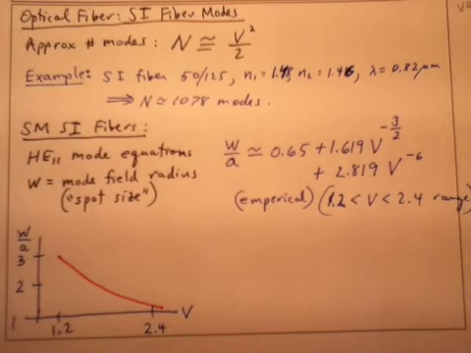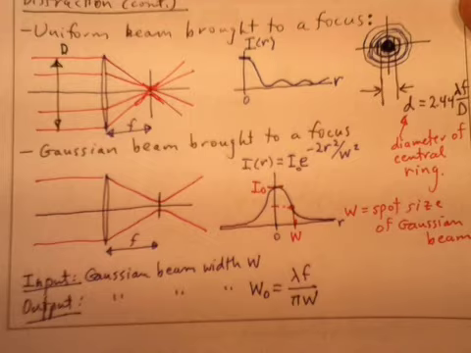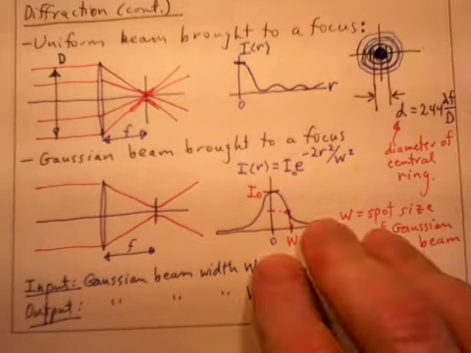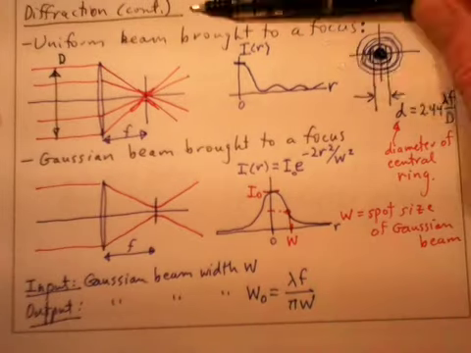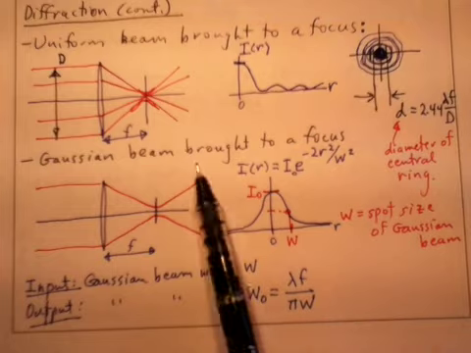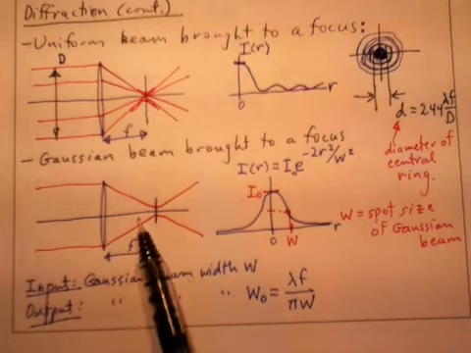We're going to do that in exactly the same way that we did in Chapter 2 when we talked about the Gaussian beam profiles. So let me remind you of that. I'll remind you of a slide from Chapter 2 and a slide from Chapter 4. First of all, the slide from Chapter 2. Recall that when we talked about diffraction, we talked about a Gaussian beam, which had been brought to a focus.